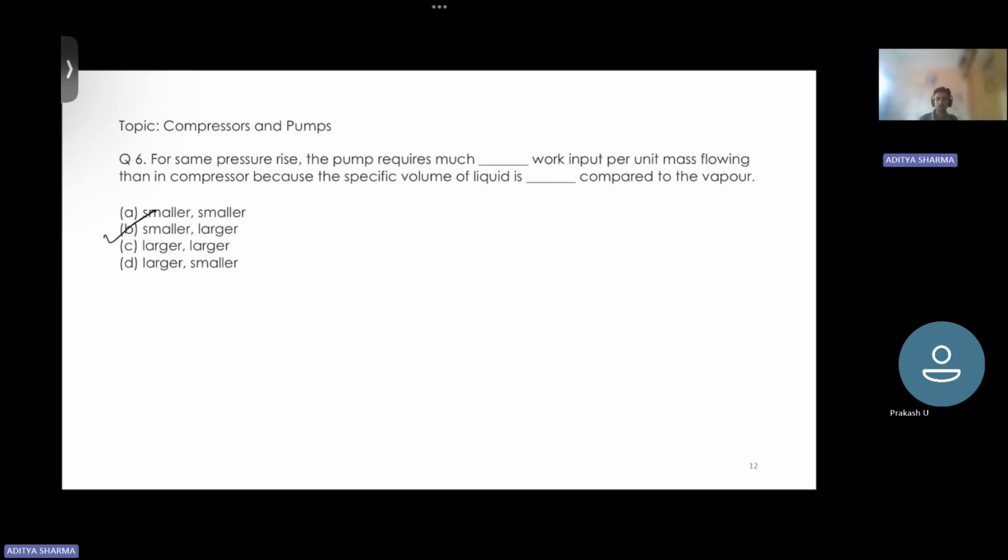Firstly, we have to answer whether the pump requires greater or lesser work per unit mass flowing than the compressor, and then what is the cause for that.